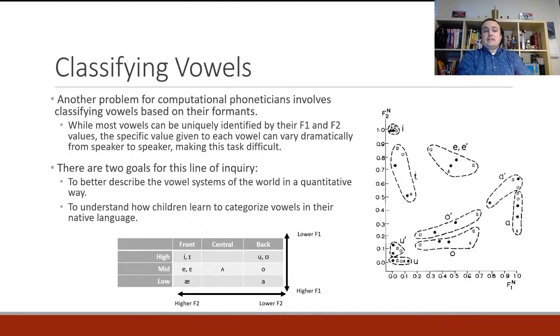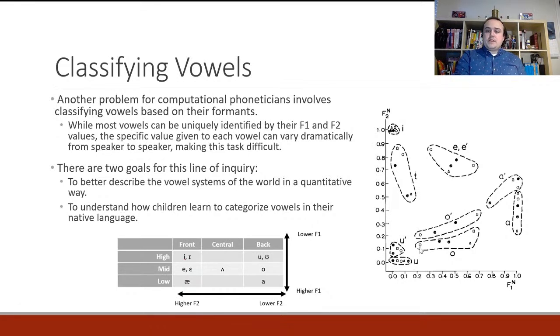Another reason for this is to understand how children learn to categorize vowels in their native language. So I pointed out how the O's for these speakers are really varied, right? But if you were to put these people in a room, they wouldn't have any trouble understanding each other talking.